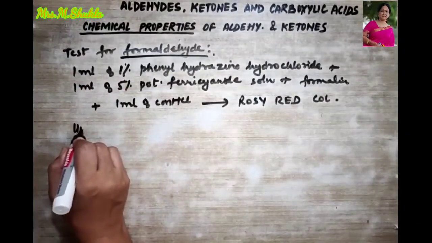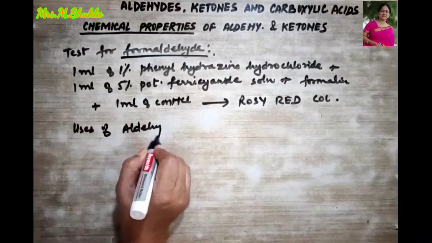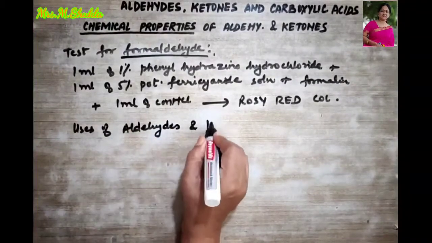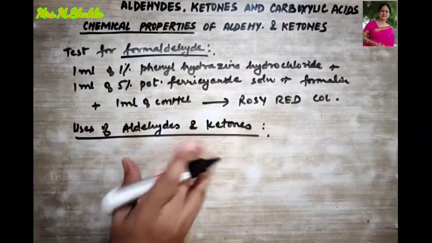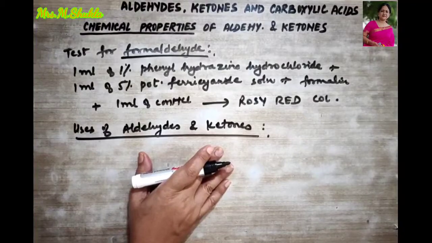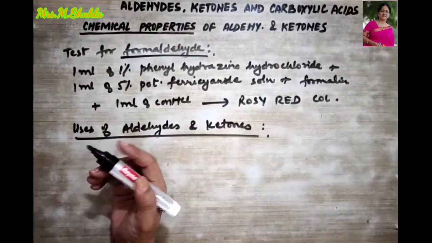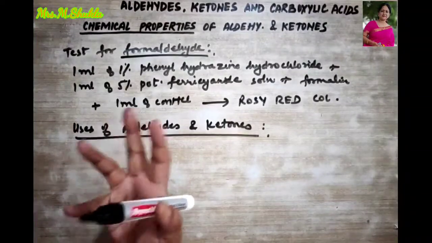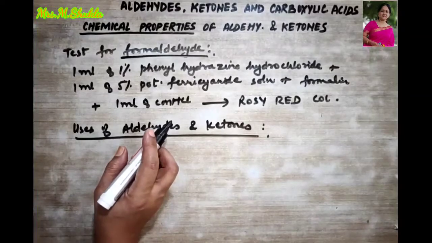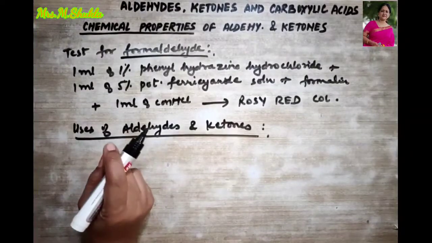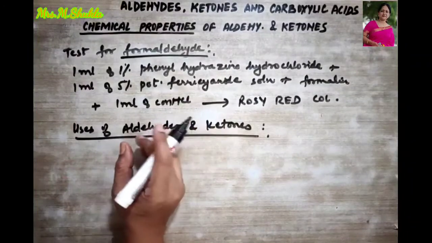Now what are some of the uses of aldehydes and ketones? Some of the important uses are that they are responsible for many flavors and odors. For example, vanilla flavor, then cinnamaldehyde, that is cinnamon flavor, then almond flavor has benzaldehyde, right?